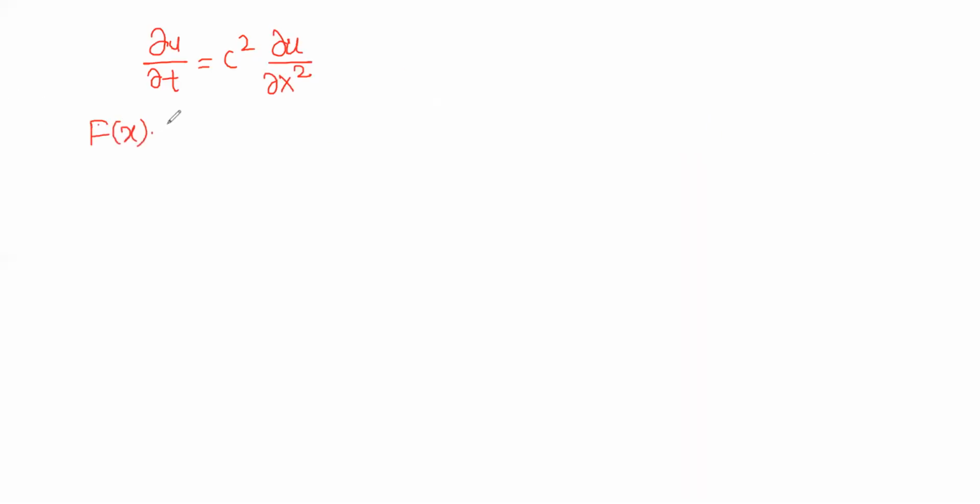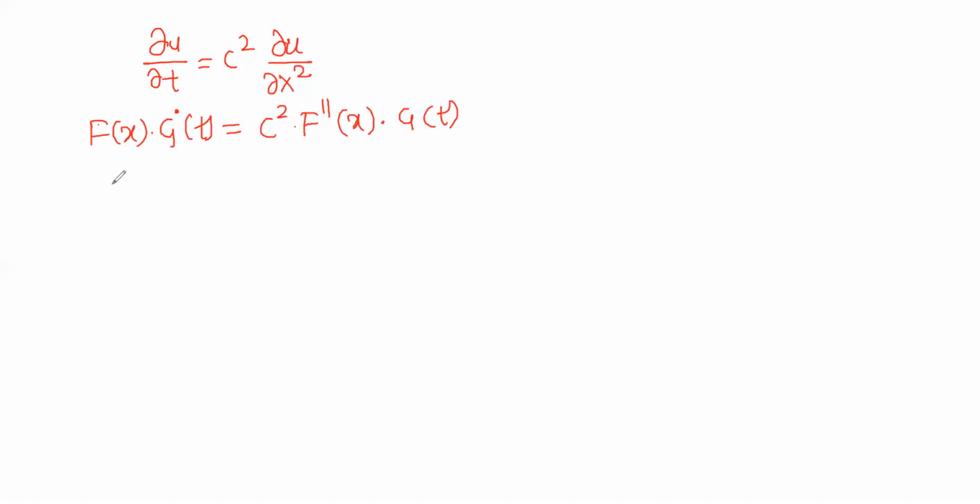So I get f of x into g dot t will be equal to c square and then f double dash x into g of t. All right. So now just take x at one place and c at another place.